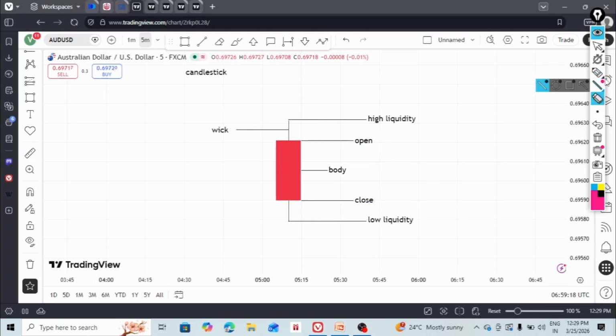Similarly, in a bearish candle, this thin line is called the wick or the shadow, and the filled part is the body of the candle. This forms a single candlestick. So this is the high, this is the low, this level is the closing, this is the body, this is the opening, and this is the wick of the candle. This is the bearish candle.